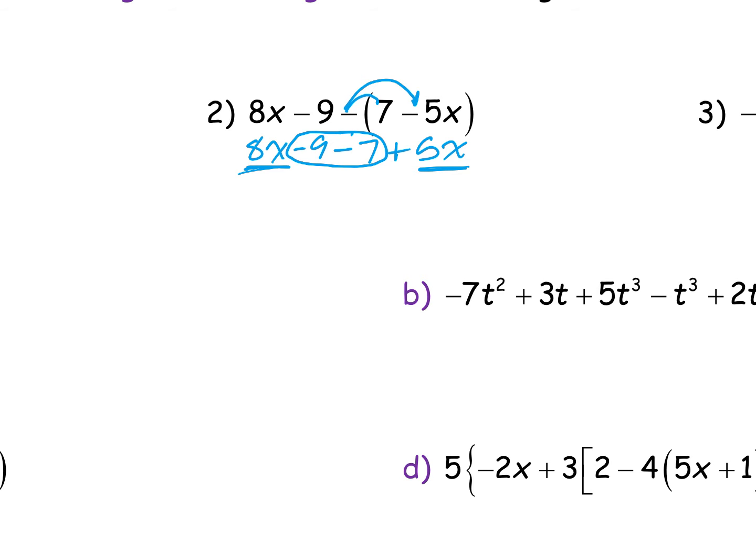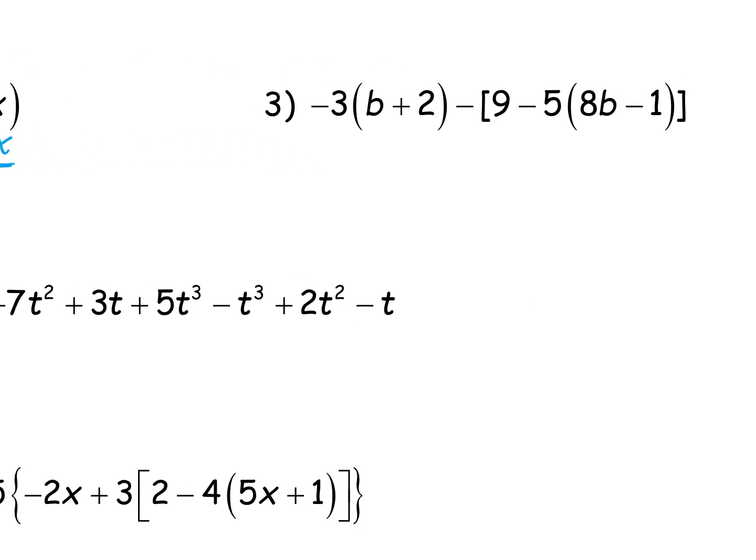Luckily those two are together. So 8 plus 5 is 13, minus 16. And does it matter if you swap them? Nope, it doesn't matter as long as the signs are correct. Although standard form for anything in math is the highest exponent to the lowest exponent. It doesn't have to be that way, but that's just standard form.